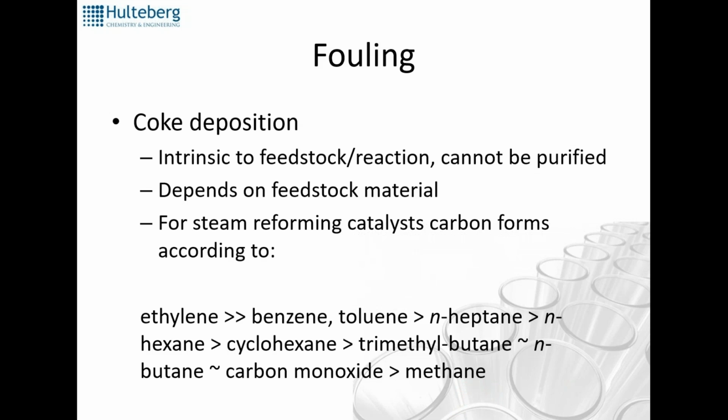The way to counteract this deactivation is working with much more steam present. So the more carbon forming material, the higher the steam to carbon ratio you need. Steam helps to keep the surface clear. You can also recycle part of the hydrogen to help keep the carbon off the surface. So, two measures to counteract carbon. And of course, you can change your catalyst composition.